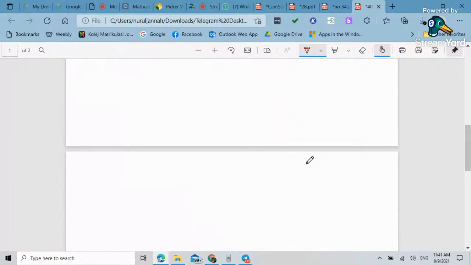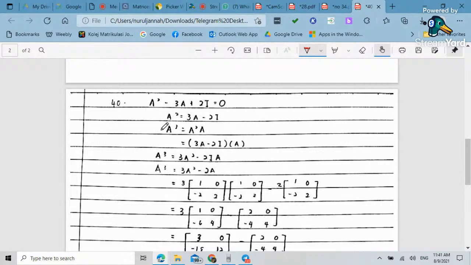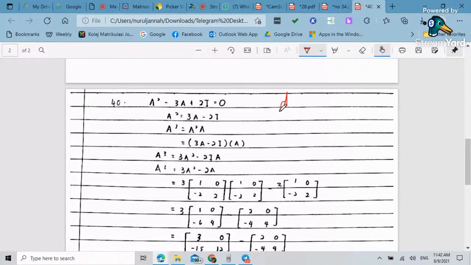Okay, for the next question, you need to deduce A power of 3 and A inverse. To deduce, make sure you use the matrix equation given, because the question uses the word deduce.